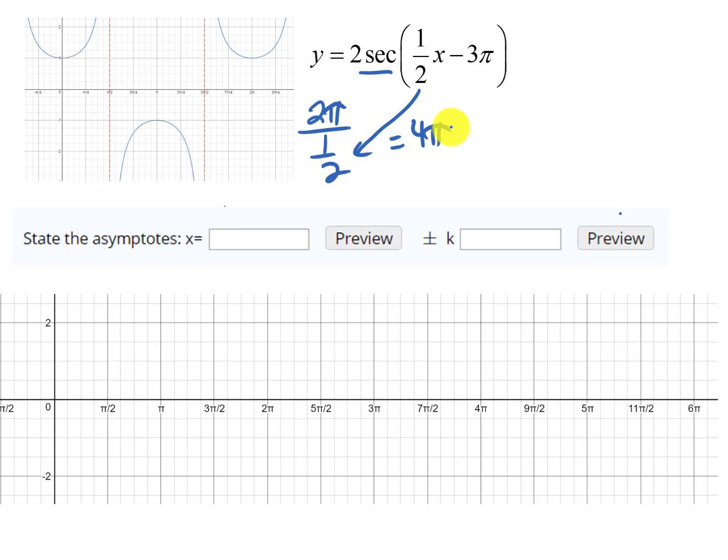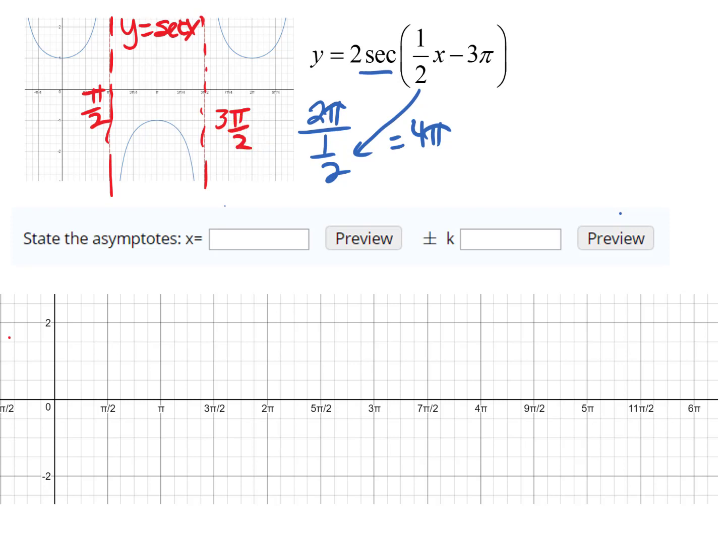Now let's look at a basic secant graph and notice some things about its asymptotes. And so here is just a secant x graph. It has a vertical asymptote at pi over 2 and another one at 3 pi over 2, and then obviously keeps going in both directions.